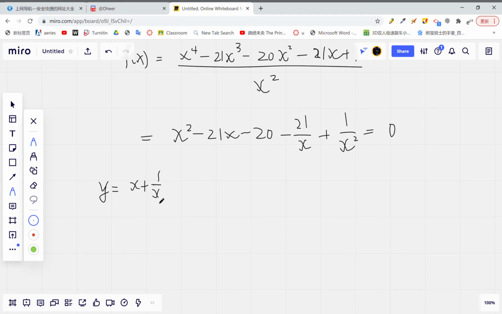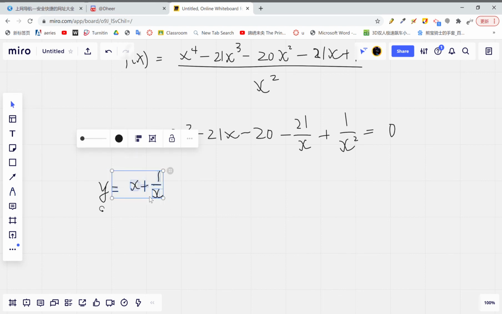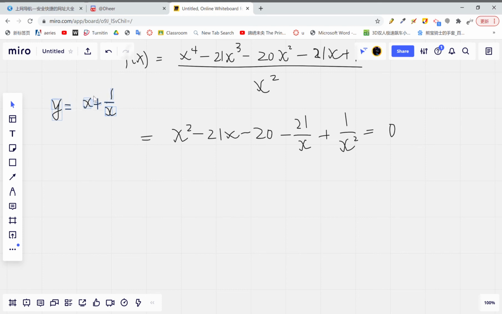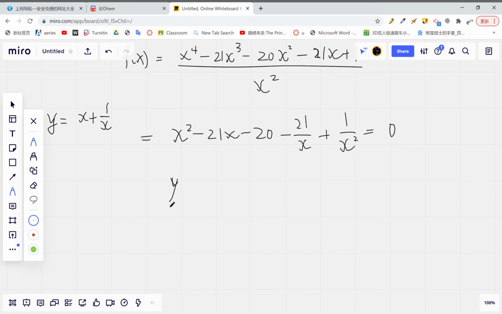Okay, because both sides are minus, we're going to just factor a little bit with this whole thing. Let's put it aside. So we now know that this x squared plus 1 over x squared is basically y squared minus 2, right?